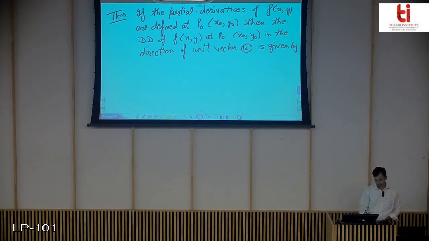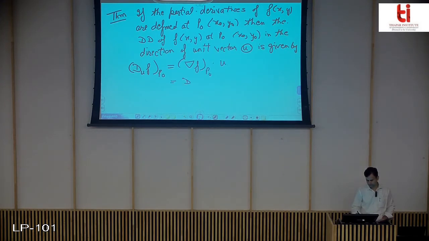it is denoted by D subscript u f at P naught. So this is how we denote the directional derivative of function f, the directional derivative of f in the direction of unit vector u. And then the formula is gradient f at P naught dot u.